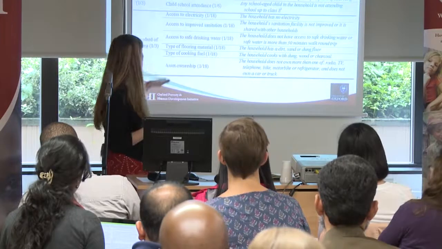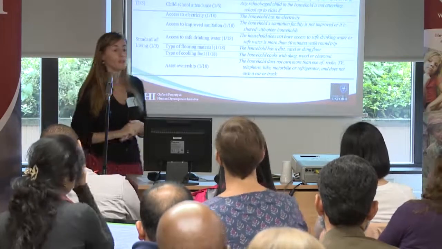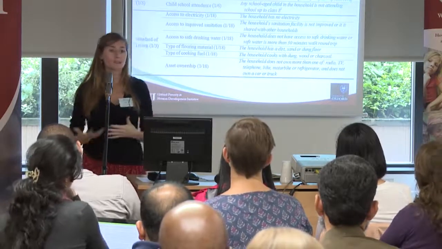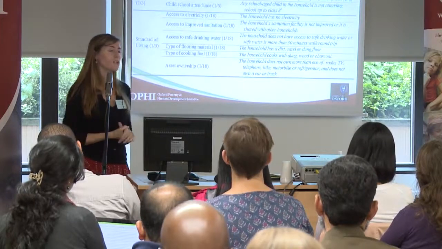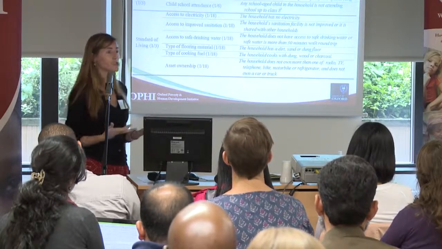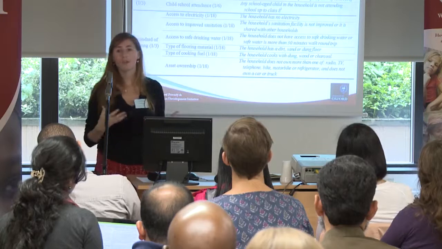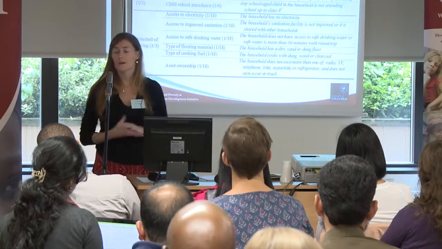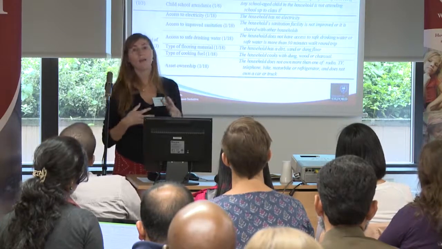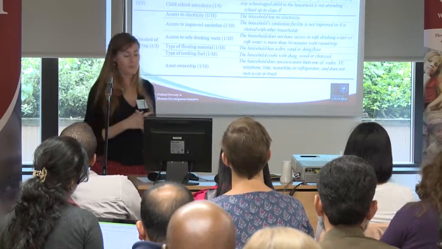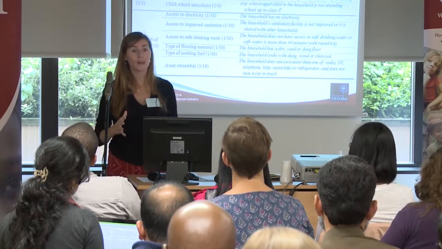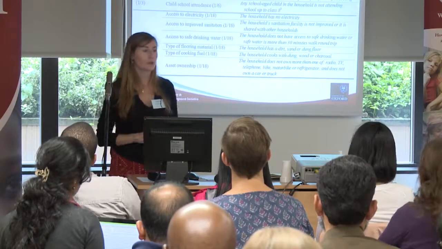And then we have the 6 living standard indicators. The first one is whether there is access to electricity. The second one is whether there is access to improved sanitation. Basically, this follows the MDG definition of what is adequate sanitation, and that this sanitation facility is not shared with any other family or any other household.